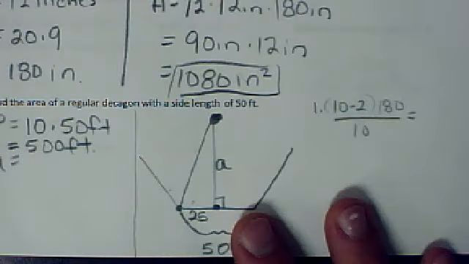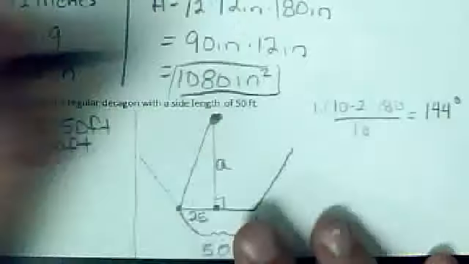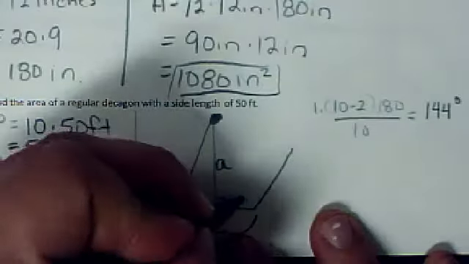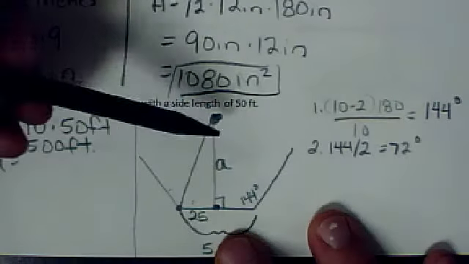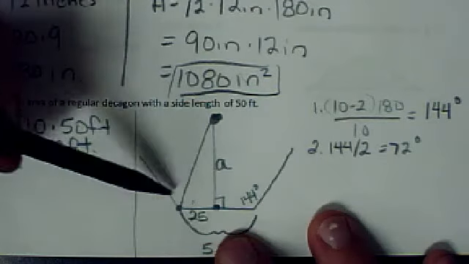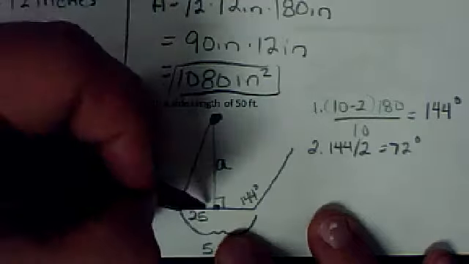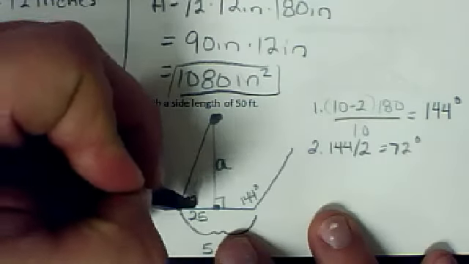So I have 8 times 180, and I divide that by 10, and that gives me 144 degrees. That means that every one of these angles is 144. So step 2 is taking that 144 and cutting it in half, because the radius is bisecting this angle in half. So that means that this angle becomes 72.